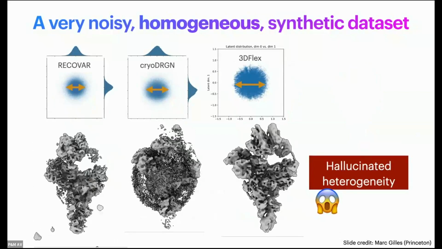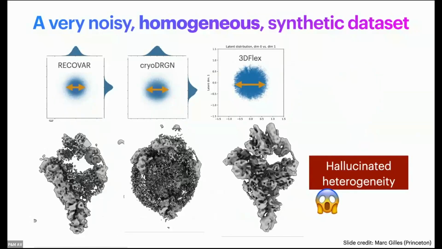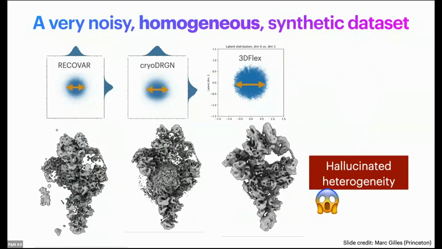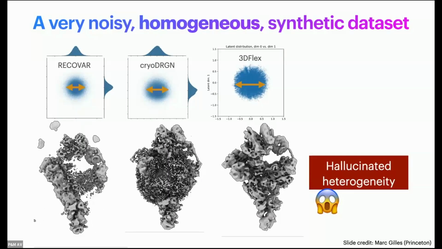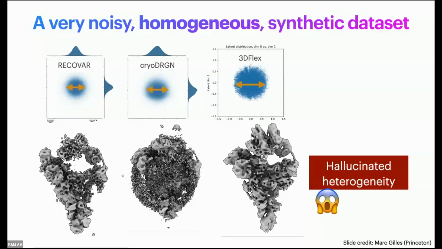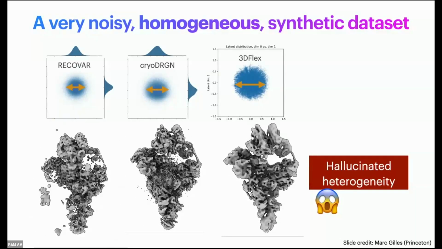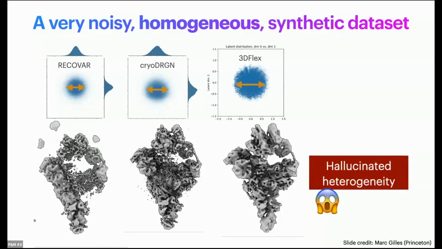There's CryoDRGN in the middle, and then 3DFlex is this deformation model of a tetrahedral mesh. There's no heterogeneity, but you can see that there are a lot of artifacts going on. And on the right, since this is a motion-based model, the noise in the data manifests as motions. So this is something to be extremely aware of when we're trying to develop these new methods for heterogeneous reconstruction.